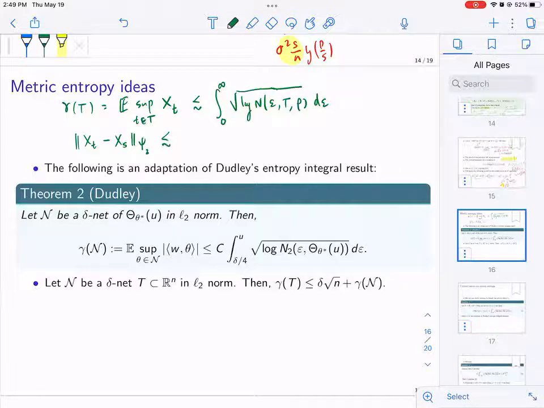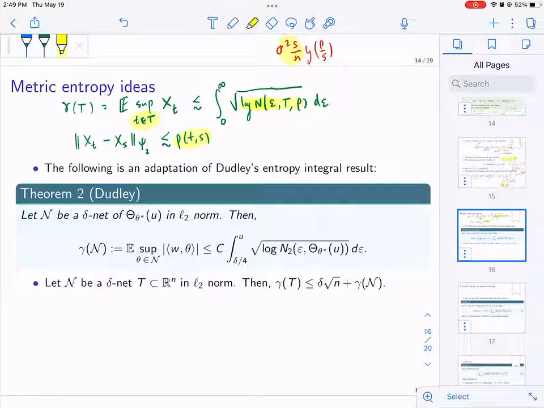If this is a stochastic process indexed by t, we'll say that it has sub-Gaussian increments if, when I look at an increment, the deviation of the process, the psi-2 norm is up to a constant bounded by some metric. If I have something like that, then the covering number of this index set in this metric, and the log of it, which is the metric entropy, controls the supremum of this process. This is called Dudley's integral.